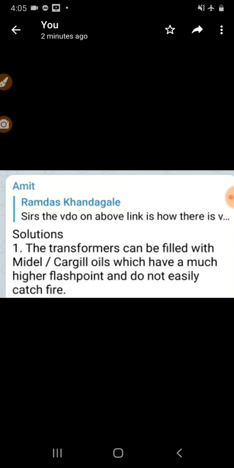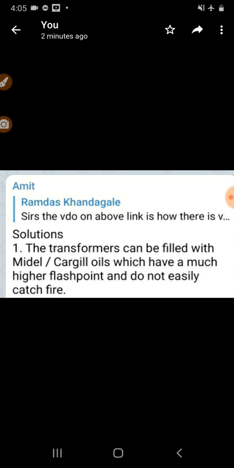This is one thing. And what about the cost? Whether these Midel and Cargill oils are cheaper or costlier than paraffin based or naphthalene based oils. Secondly, are these oils easily available?